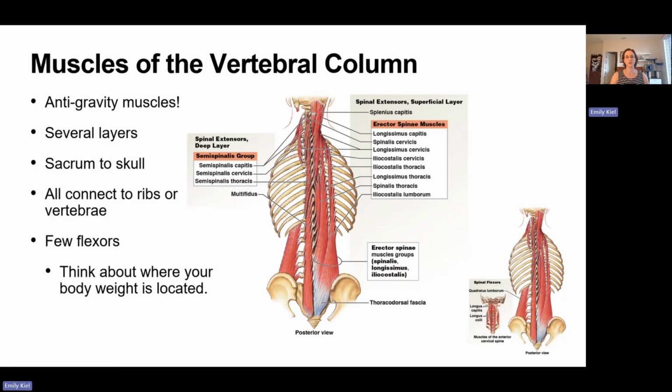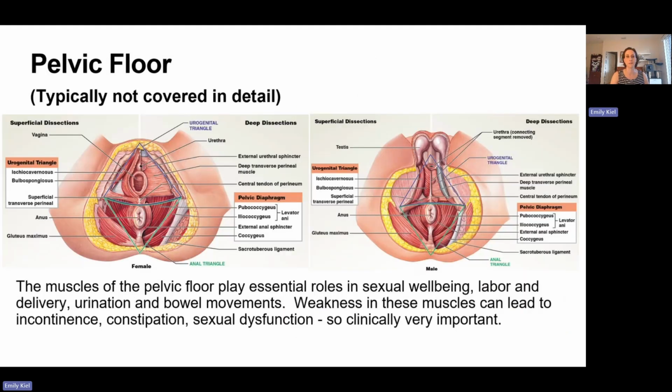If you're relaxed, are you more likely to fall forward, or more likely to fall back? You're more likely to fall forward because most of our body weight is on the anterior portion. And so that's why we don't need many flexors. It happens naturally, but we need lots of extensors to help keep us upright. Do you know for your exam why there are few flexors and more extensors in the vertebral column?